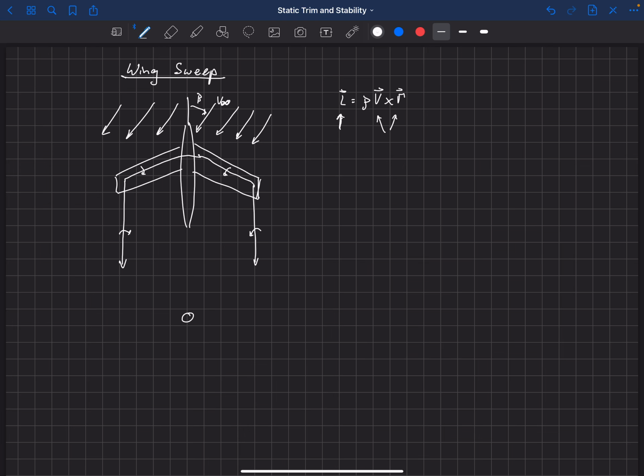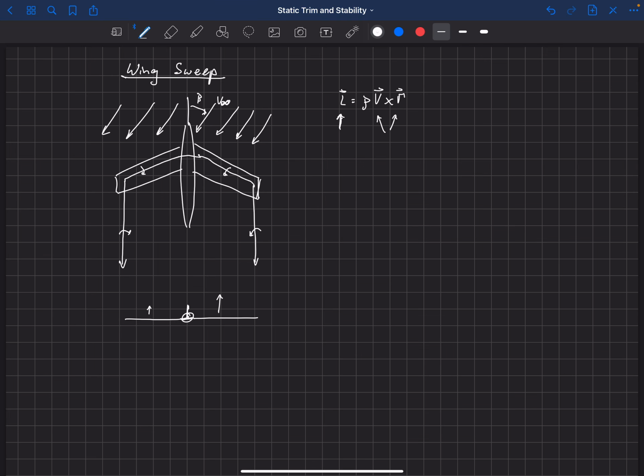So if we were to look at the lift, we're looking here from the back of the aircraft, so the aircraft is flying into the page here. So on the right-hand side, with positive beta, we would actually have a larger lift than on the left-hand side, simply due to the fact that the free stream velocity is more perpendicular to that vorticity than it is on the left-hand side.